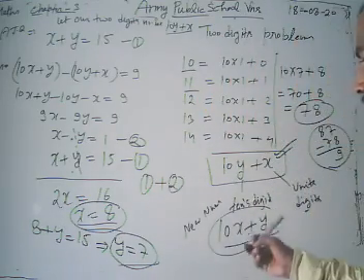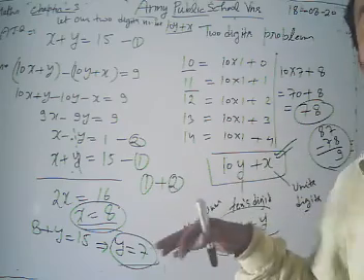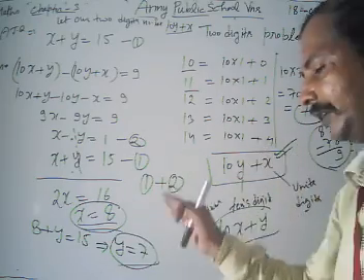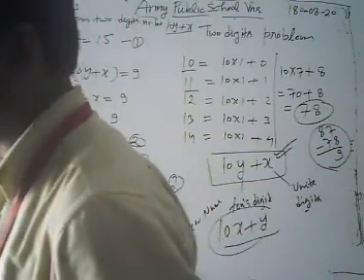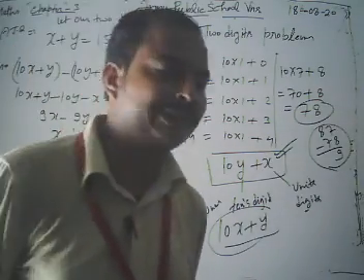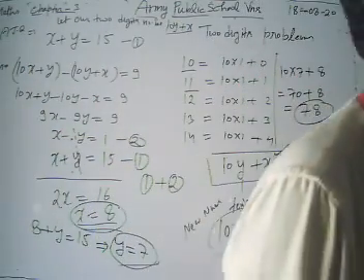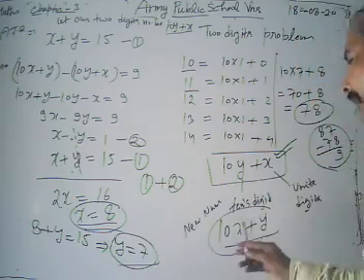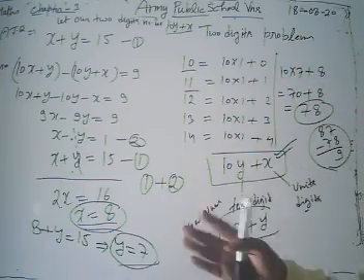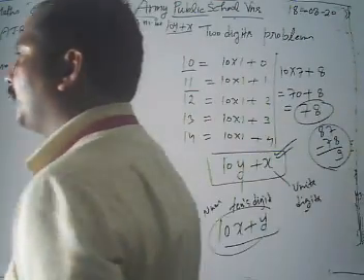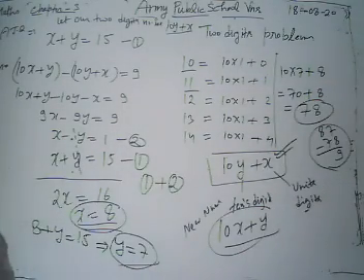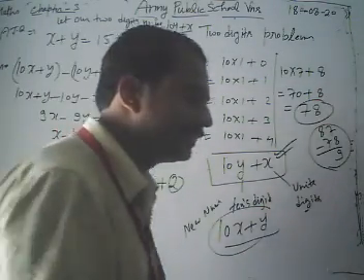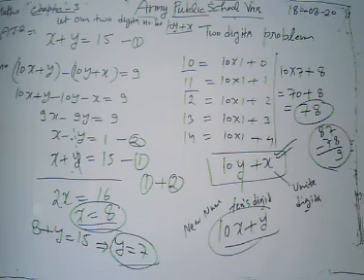Also, you are free to take variables. I am taking y as the tens digit and x as the unit digit. You can also take the form 10x plus y. It depends on you which variable is suitable for you. You can also take the form 10m plus n. It's not a matter of worry.